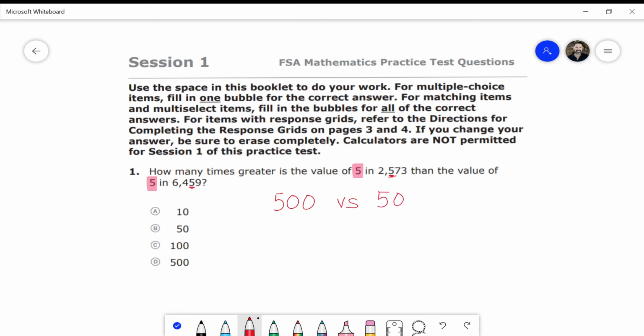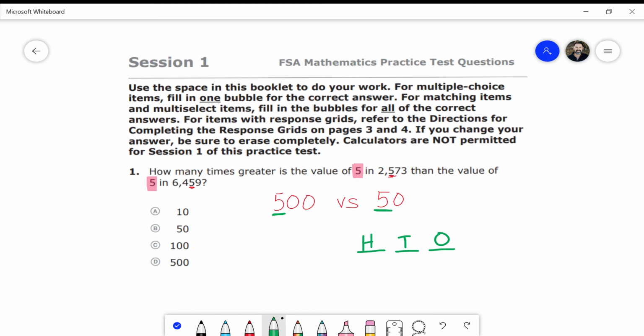Now, if you're comparing 500 versus 50, at this point in 4th grade, we understand that 500 is greater than 50, but the question is how many times greater, right? Now, when we see place values that are right next to each other, so we have the tens place value versus the hundreds, that's right next to each other when we're looking at a place value chart. We got the ones, the tens, and the hundreds.